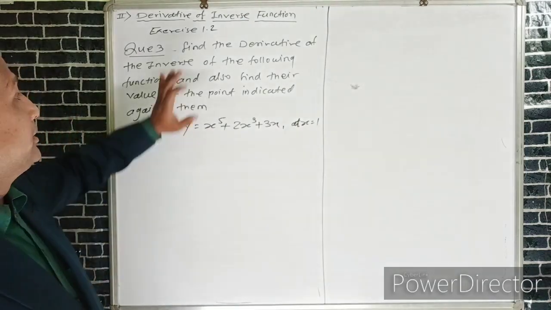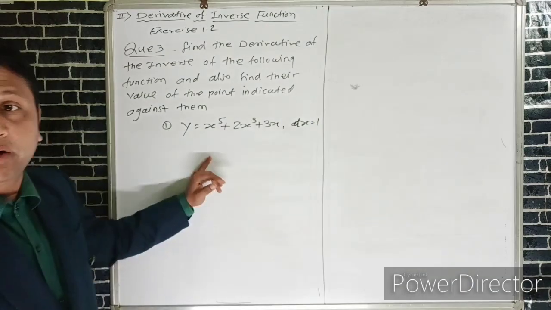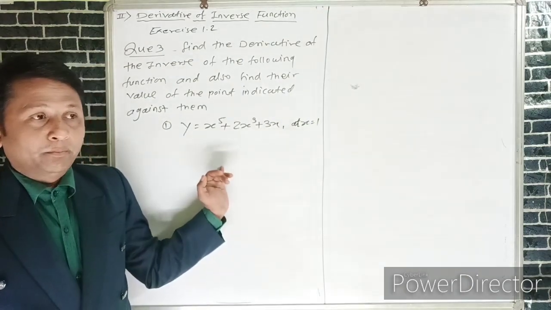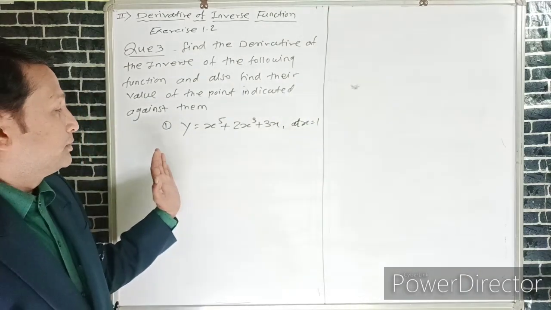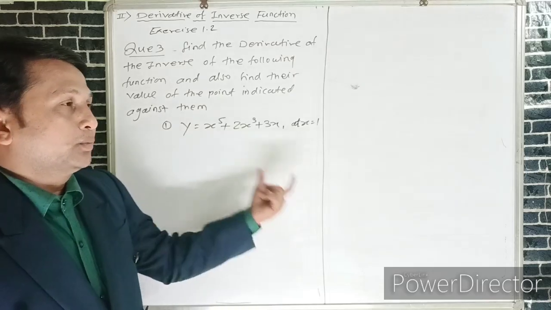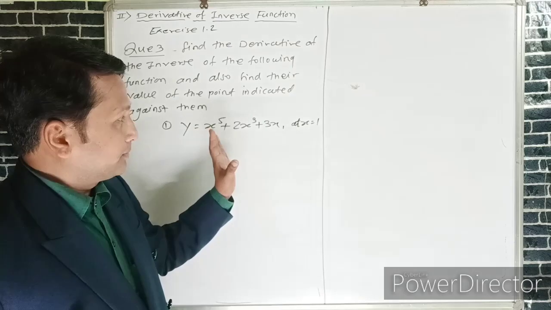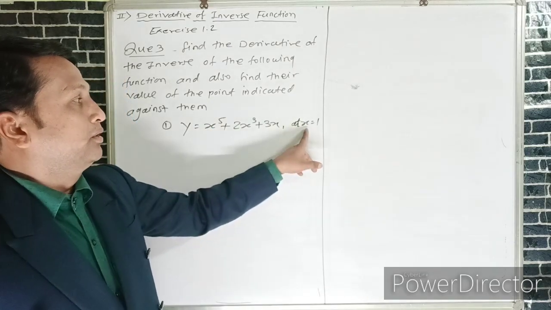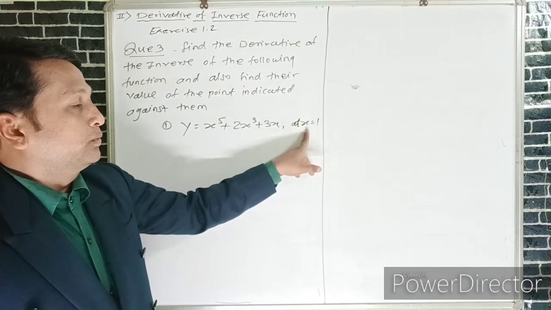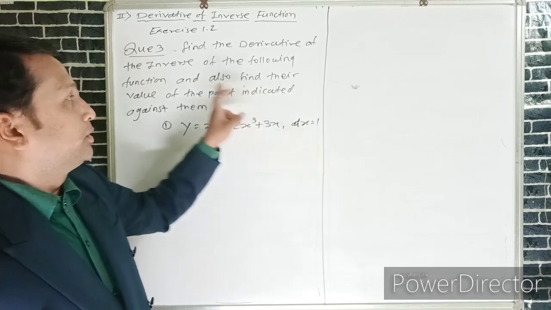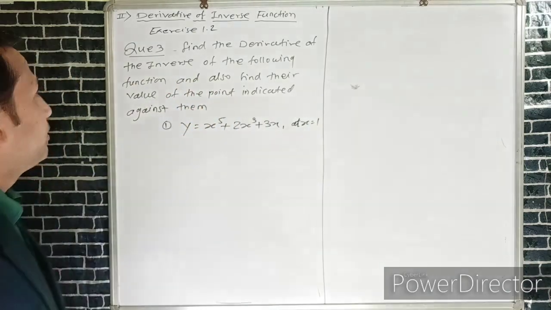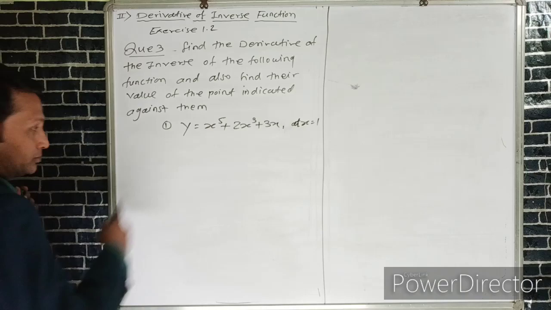Here we have to find the inverse of the function. In this we have to find dx upon dy. By using dx upon dy is equals to 1 upon dy by dx, we can find the derivative of the inverse of the given function. For the value of x is equals to 1, we can evaluate the required value of the function.